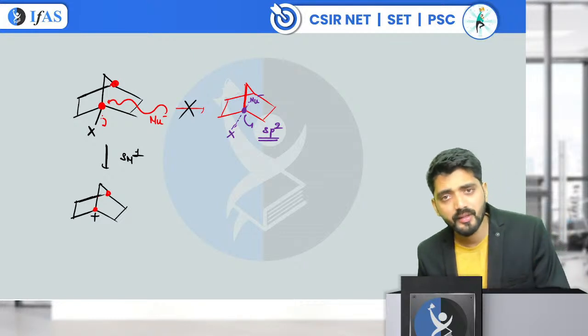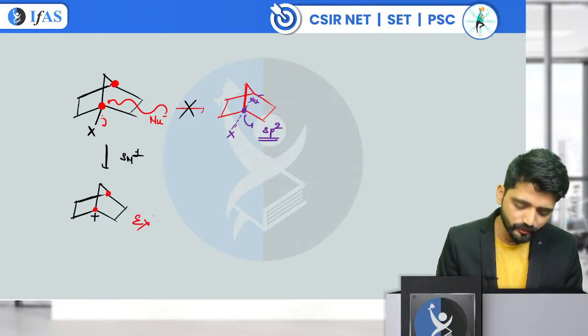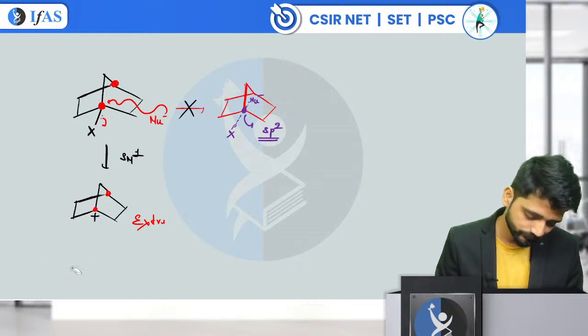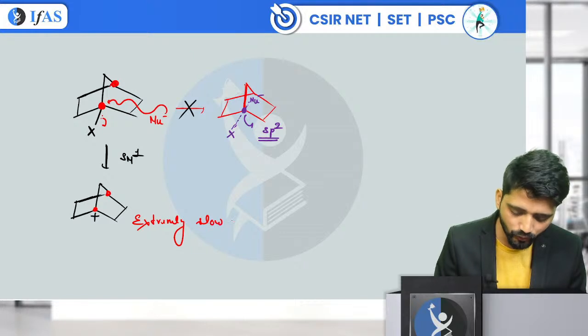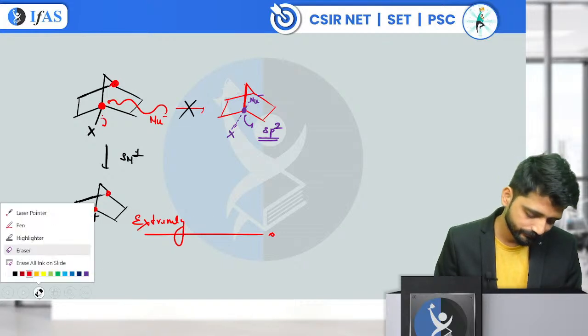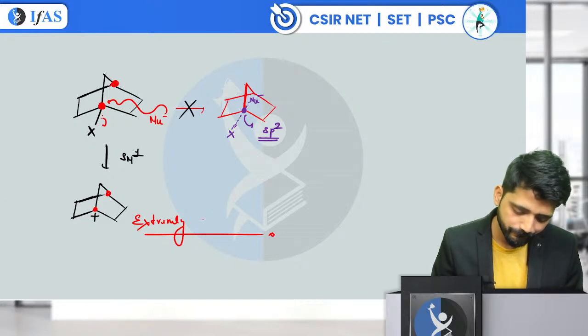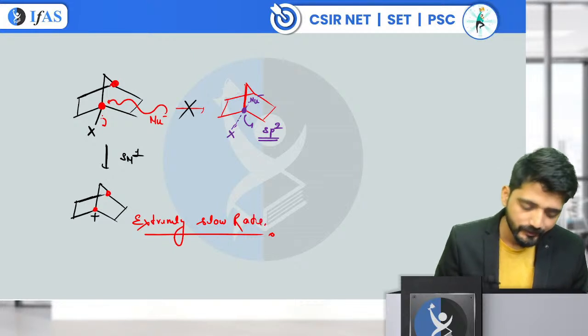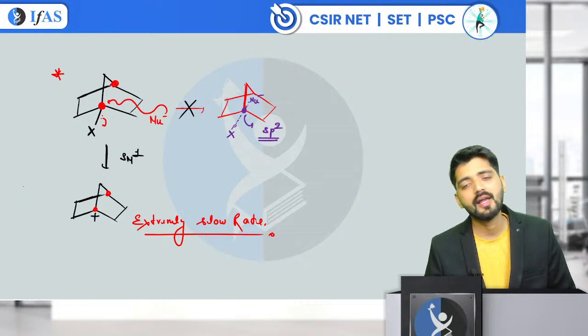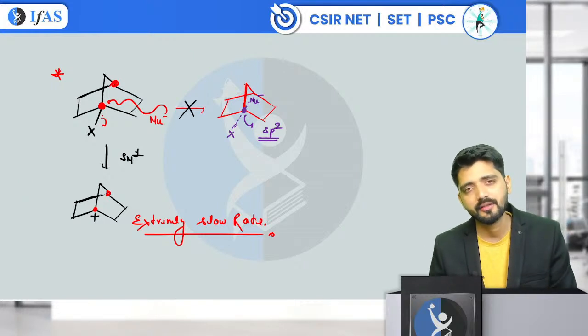If it is possible, then also the rate is going to be extremely slow for the solvolysis reaction, or you can say for an SN1 reaction. So this is a substrate which will give you neither an SN1 nor an SN2 reaction.